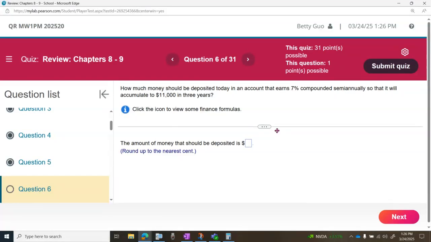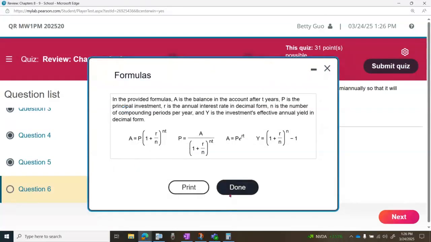If you are using the formula to solve the problem, this is the formula you are choosing. Second one, okay? Because this problem is to find the original principal, how much you invest in order to have a certain amount of money in the account in the future.